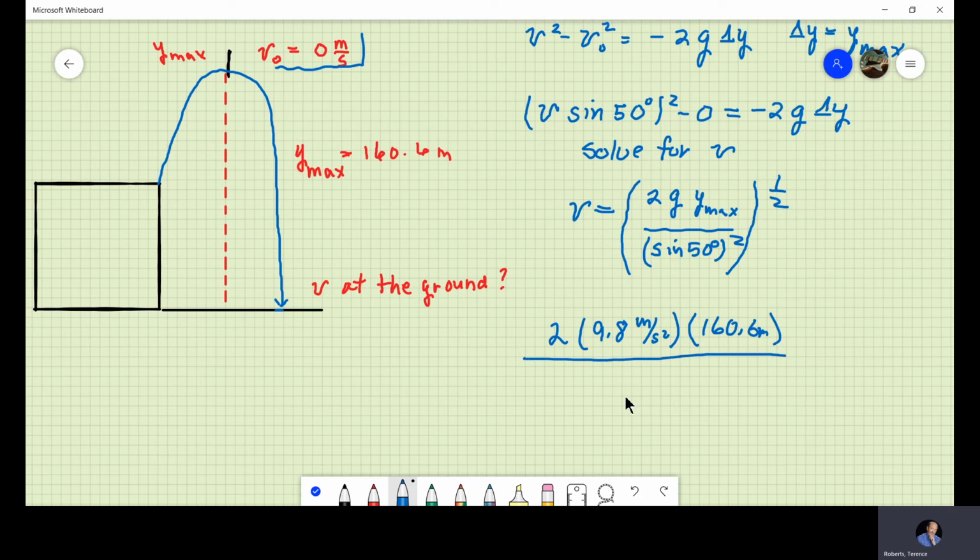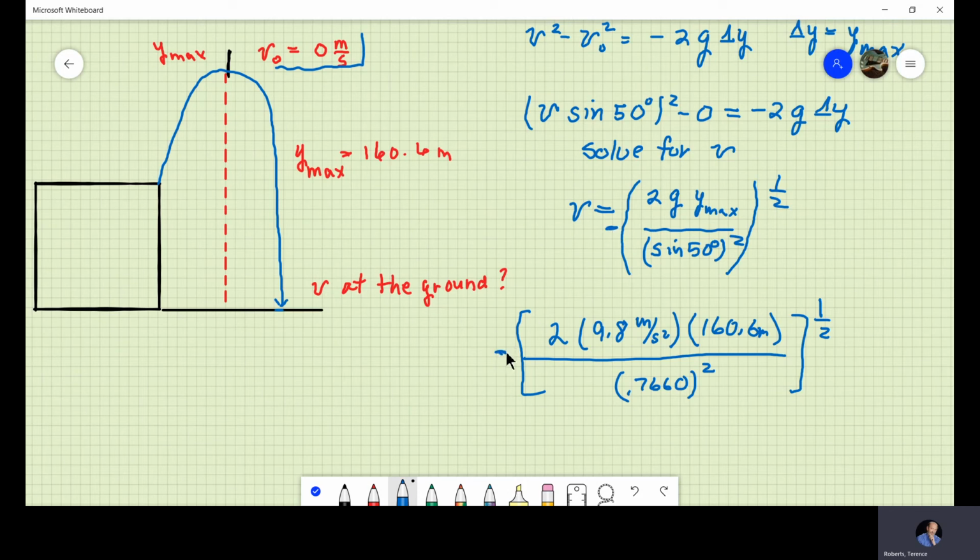And the sine of 50 degrees is 0.7660, we need to square that. Then this whole thing is the square root. One thing I kind of missed is that there was a negative sign here, so we want to pull that negative sign out of the radical.